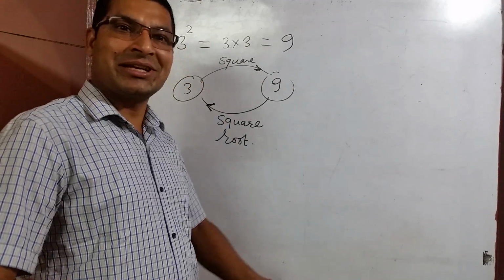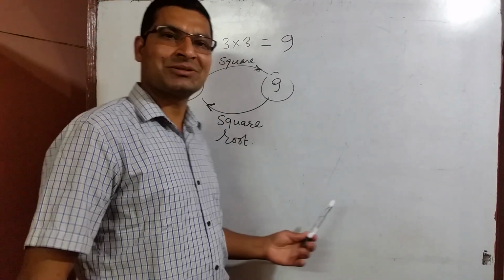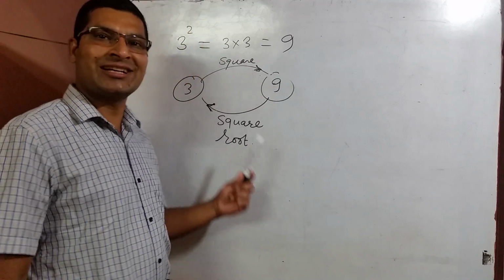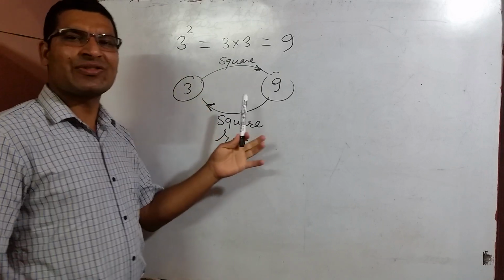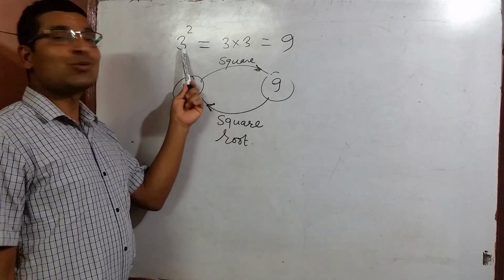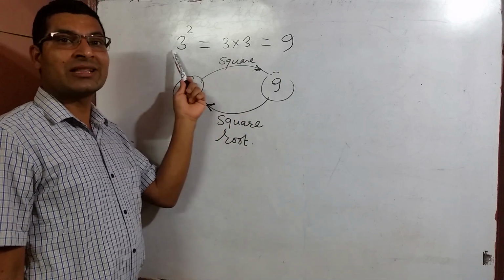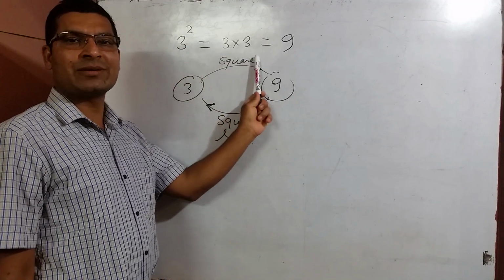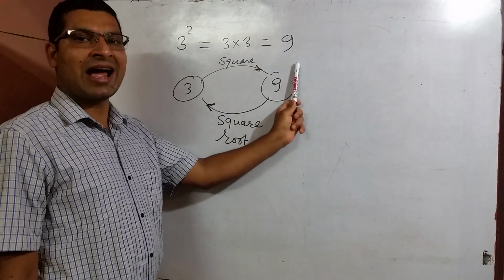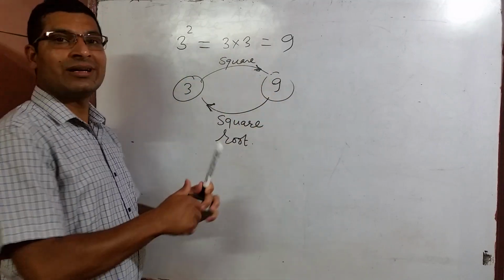Yes, right, last day in previous class we learned about square and square root. It was very simple. Just for the revision, square was calculated by multiplying the given number by itself, like 3 square equal to 3 multiply 3. 3 3s are 9. This is the square of 3.